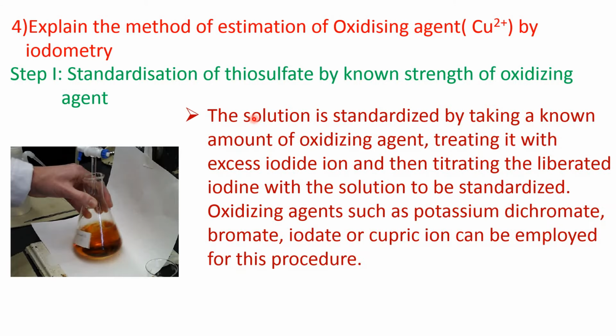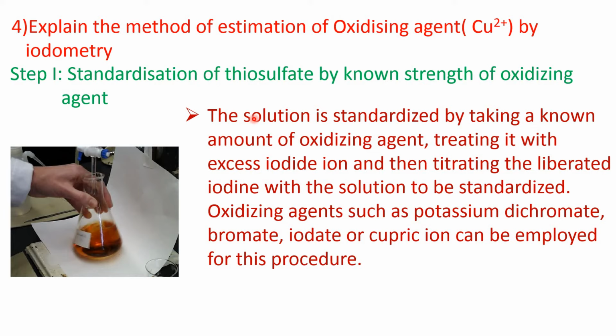You have to take a known amount of known concentration of oxidizing agent. Then in acid medium, you have to add excess potassium iodide solution and keep it for some time. Iodine will be released and the solution will become deep red color.